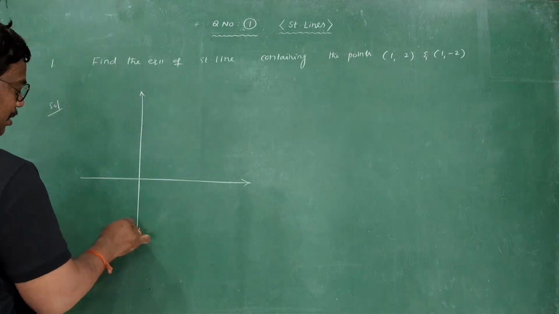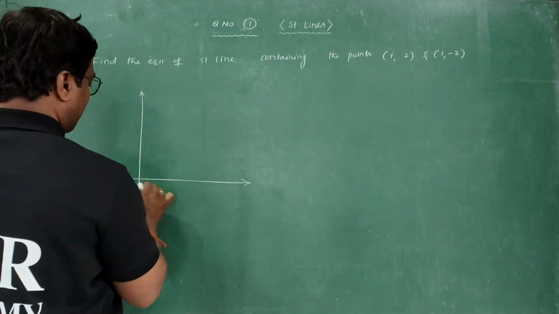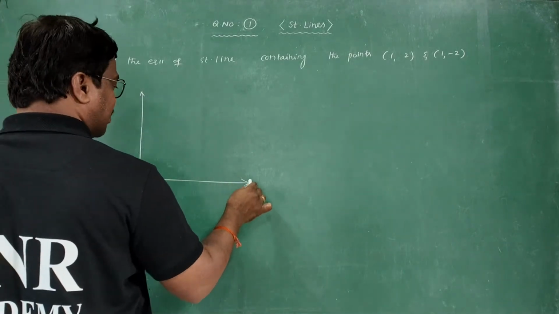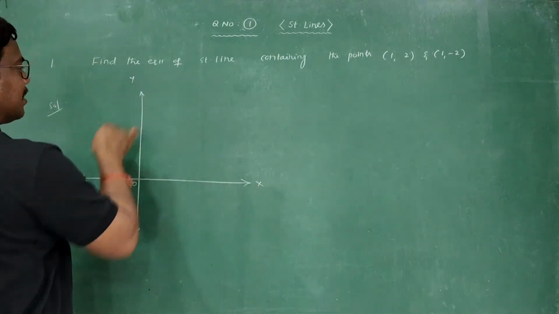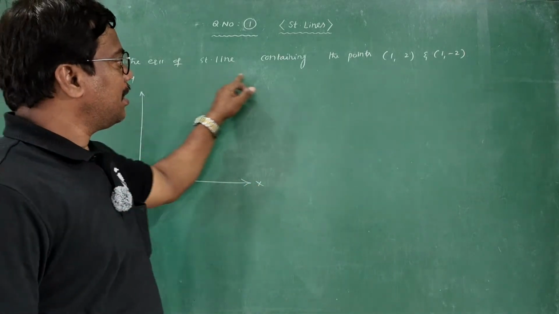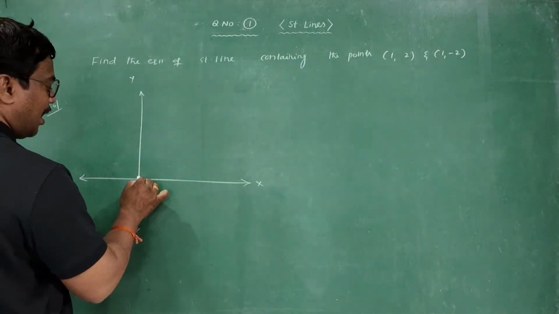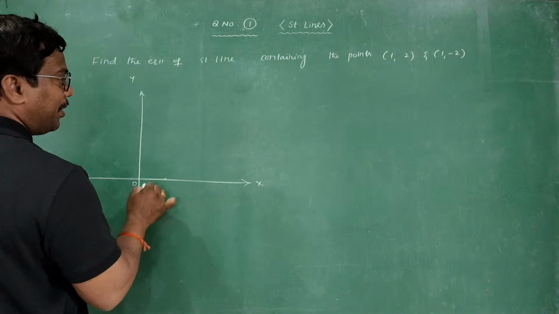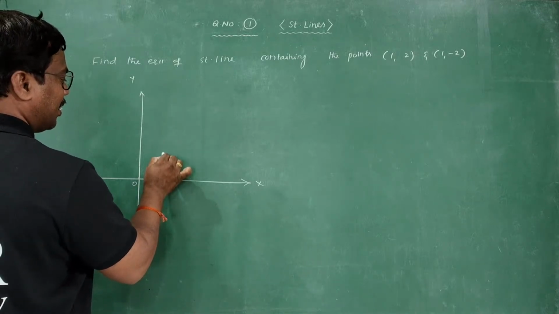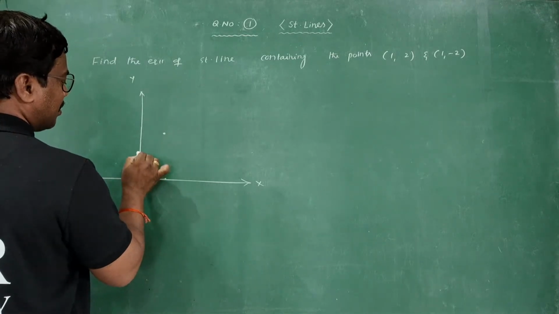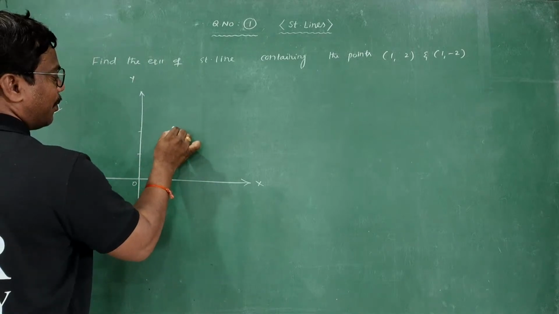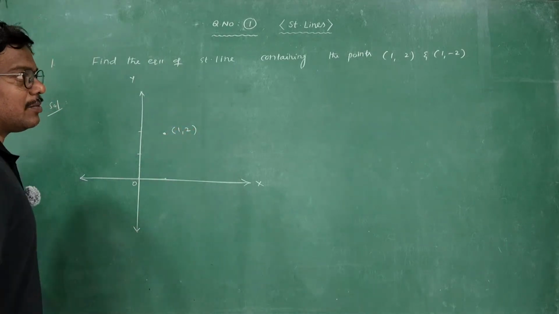Let us draw the Cartesian coordinate system. The point of intersection of the axes is the origin, here the x-axis, and this is the y-axis. Given points: (1, 2) first. Along the direction of the x-axis you have to move 1 unit, and 2 units along the direction of the y-axis. So this is the point whose coordinates are (1, 2).